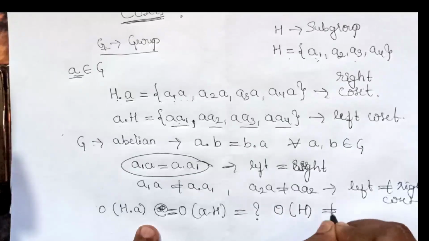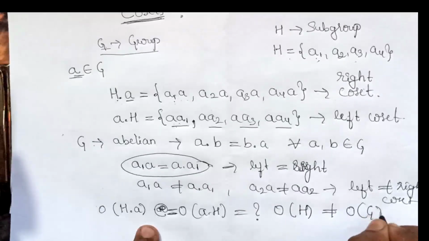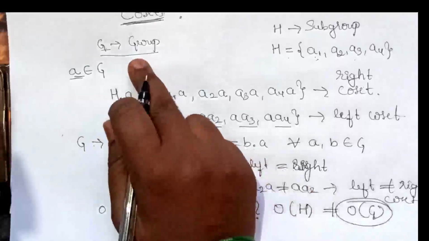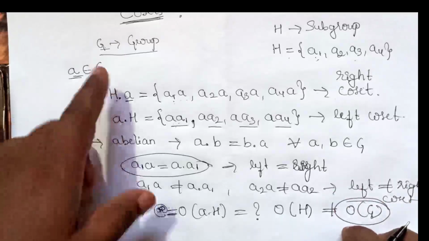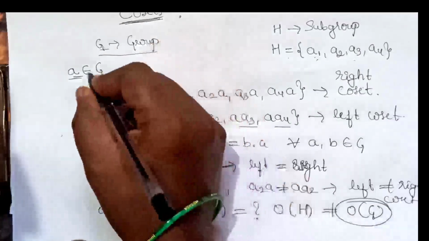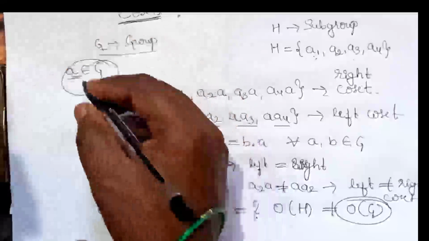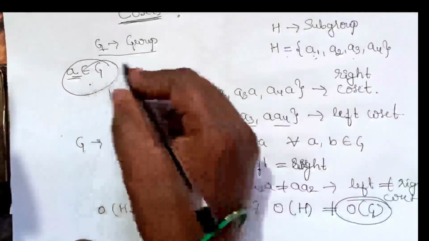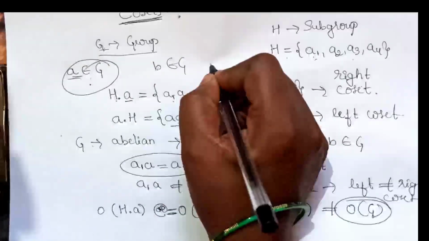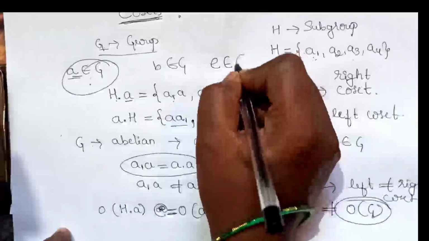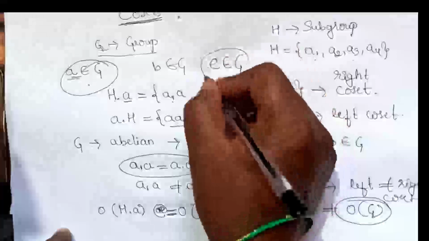It is equal to the order of H. But it does not equal the order of G, because G is a superset. It may have any number of elements. And remember that in group G we may consider any element. It may be A, B, or sometimes the identity element, whatever.